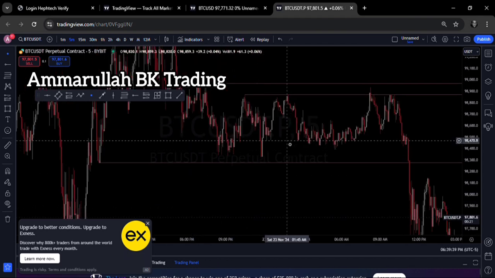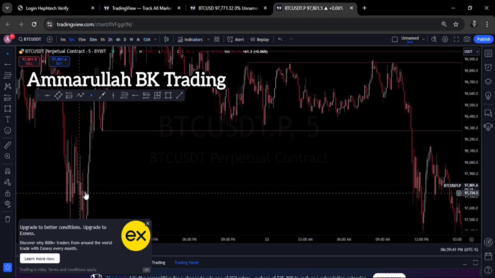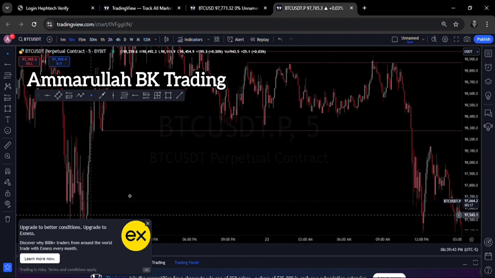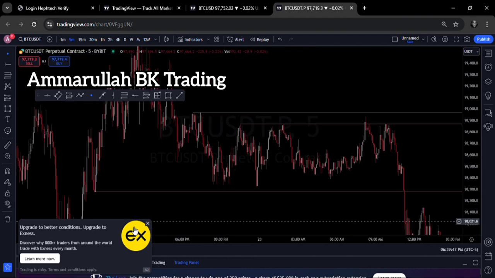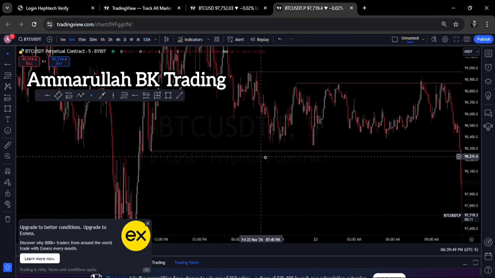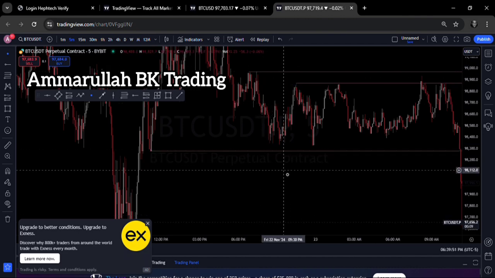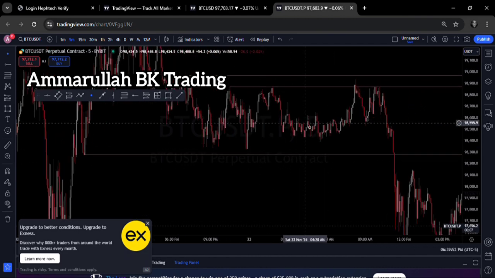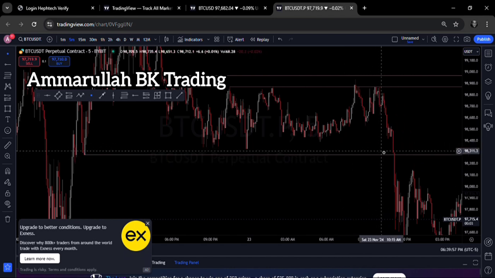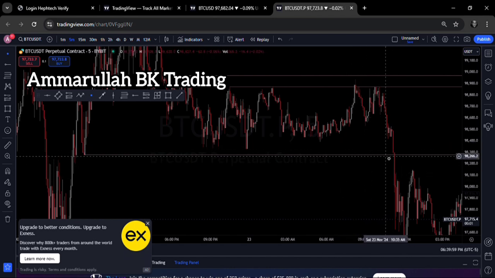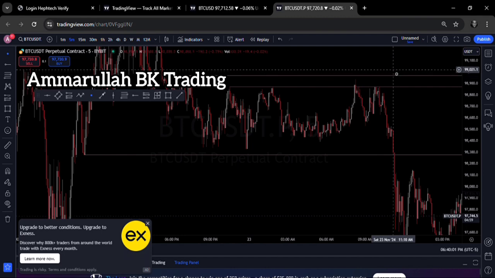So as I know all these things, I know there are some corrections that Bitcoin has to come down and do, and I have equal highs and I have equal lows. So I'm expecting one to be swept. If the low gets swept first, then the price will definitely target the highs.